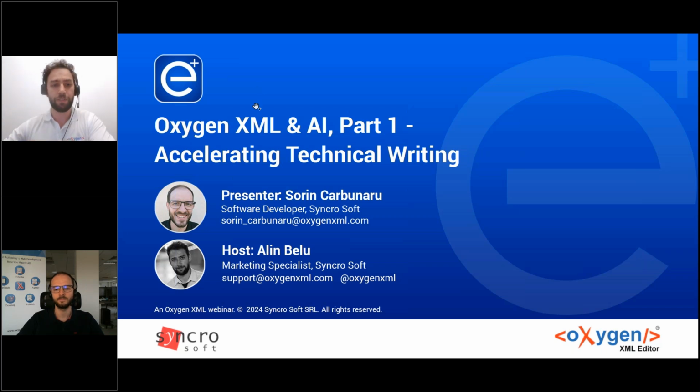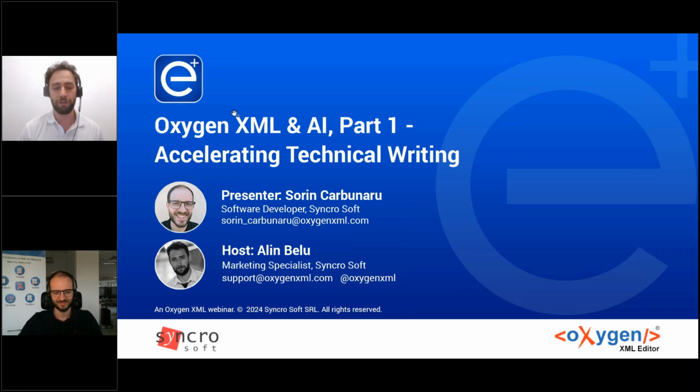This series is designed to help you enhance your technical writing and documentation workflows with the cutting-edge AI tools that Oxygen XML provides. Today's episode is titled Accelerating Technical Writing, and it will be presented by my colleague Sorin Carbunaru, senior developer at Synchrosoft.